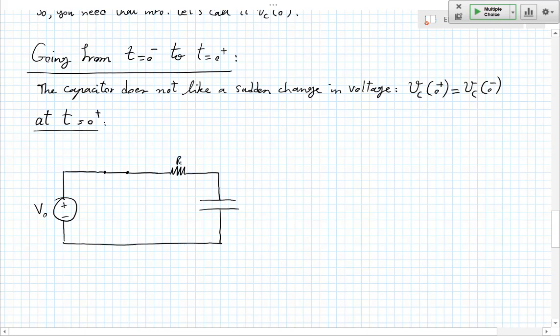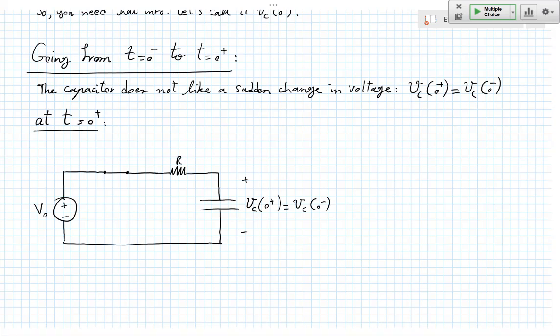So this is R. Now this is Vc at time t equals 0 plus, so this is the value of Vc at t equals 0 plus. Which, as we just argued up there, equals Vc of 0 minus. It's the same value because the capacitor will oppose a sudden change in its voltage.